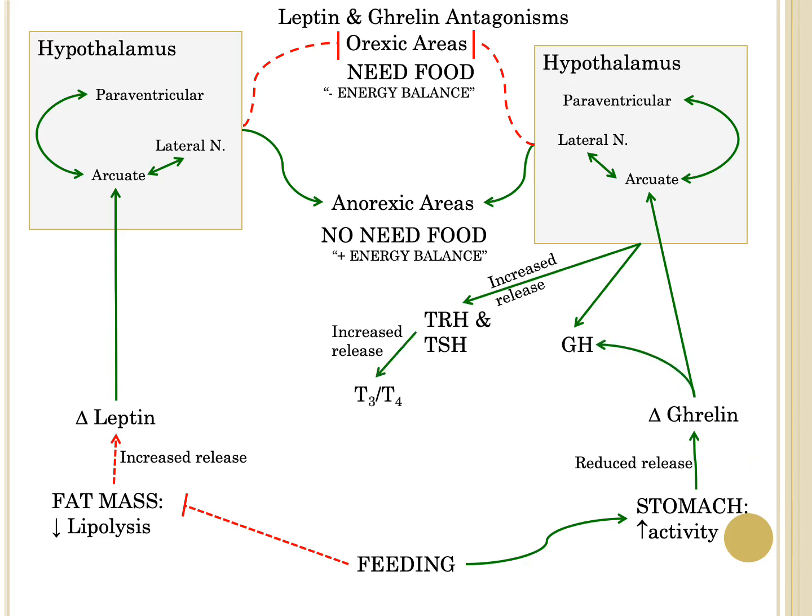The change of ghrelin, along with the positive energy balance that we get from changes of leptin, leads to the release of the larger growth hormones, which leads to an increase of tissue growth with the reduction of lipolysis. This leads to an increase of fat-free mass. When we combine the increase of T3 and T4 with the change of mass towards the fat-free mass, we start increasing basal metabolic rate.